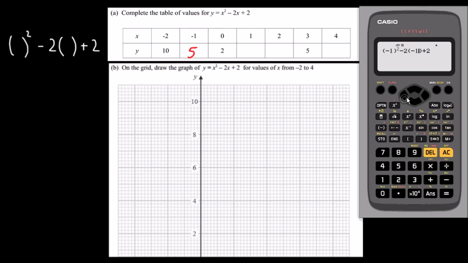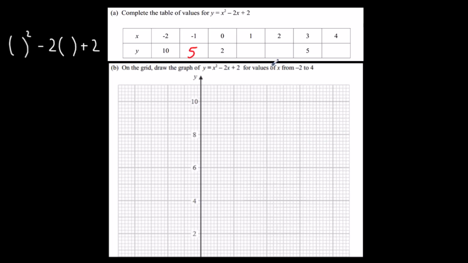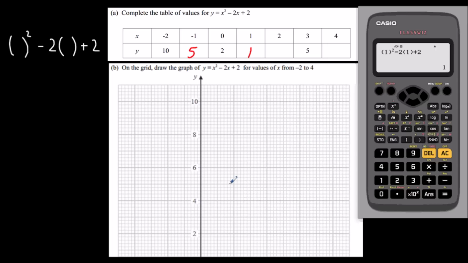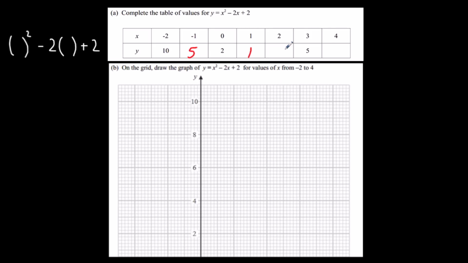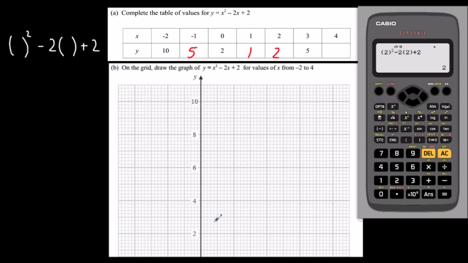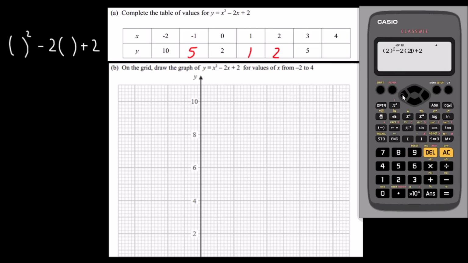Then for 1, just change the number inside the brackets. And that's 1. For 2, we'll write 2 inside the brackets. And that's 2. And for 4, we'll change the number inside the brackets to 4.